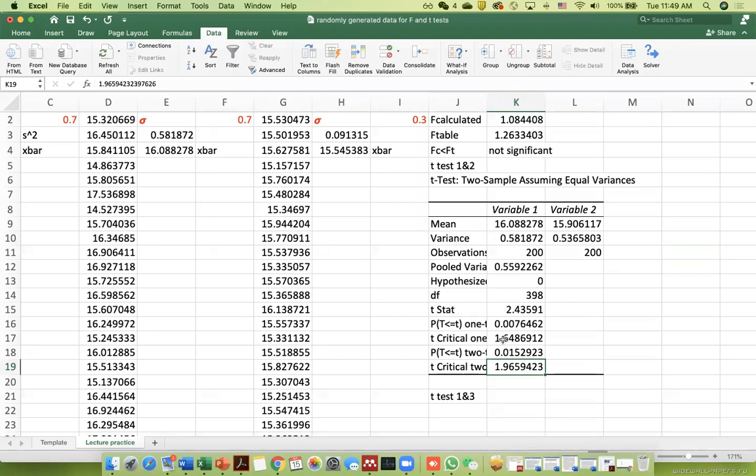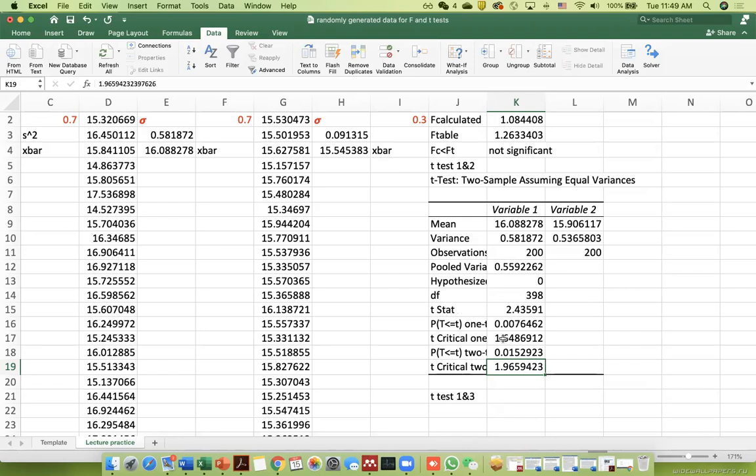One tail and two tails are basically whether you're only considering one side of the Gaussian distribution, like whether the value is much larger or much smaller, so you only consider one portion. With two tails, you're considering both sides of the Gaussian distribution.